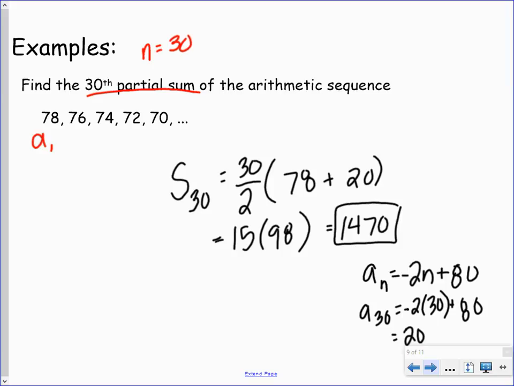Could you please find, you had a rule on your little card, could you please find the 20th term using your rule? What is the 20th term of your sequence?